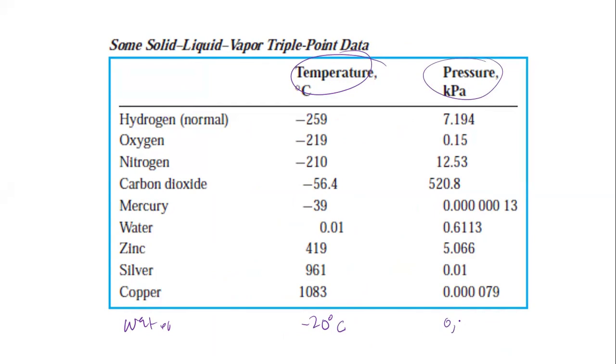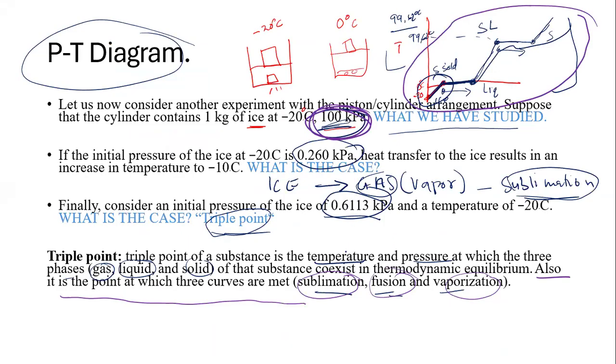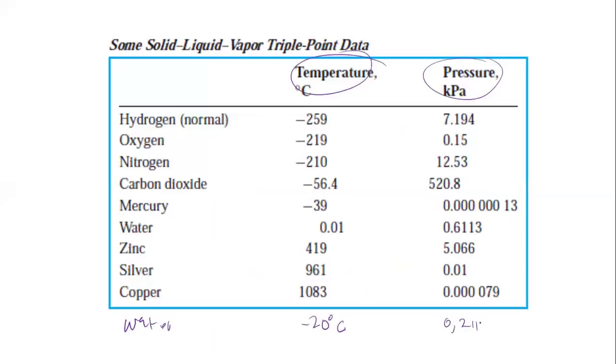I think it's 211. Okay, let me go back. The pressure for the triple point was 0.611. Made a mistake, 0.6113 kilopascal. So this is the temperature and pressure for the triple point of water, meaning solid, liquid, vapor. Triple point data for water is going to be this one.